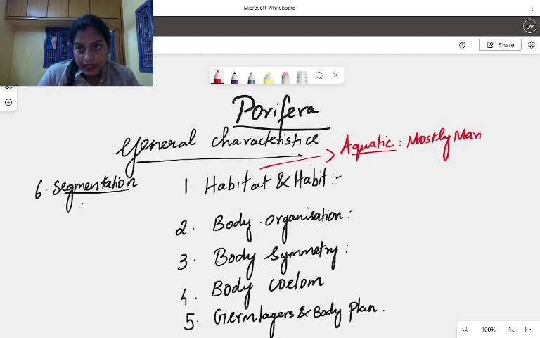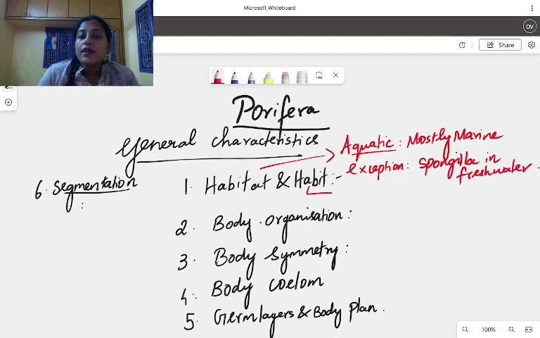And there is only one freshwater exception, I will write it: Spongilla. This poriferan you can find in freshwater. And talking about their habit, they are both solitary and colonial.